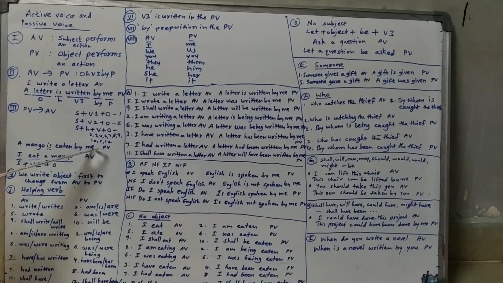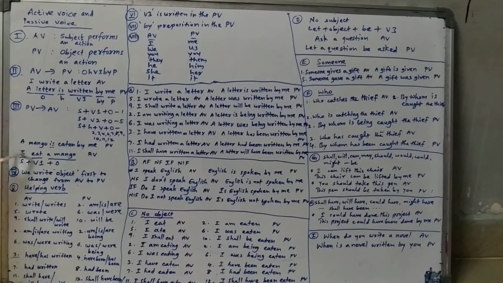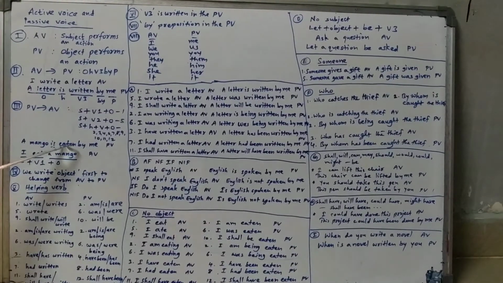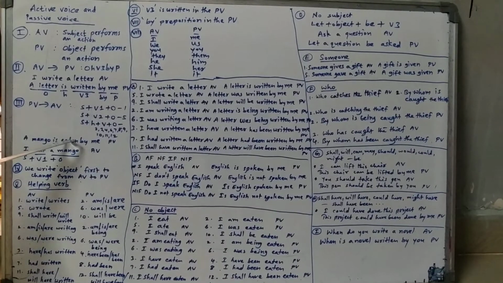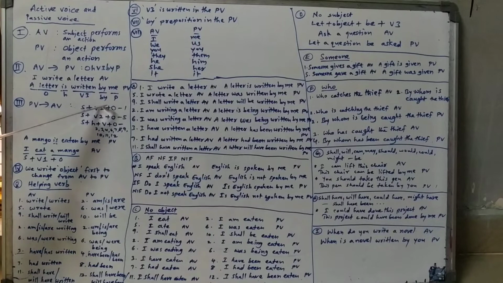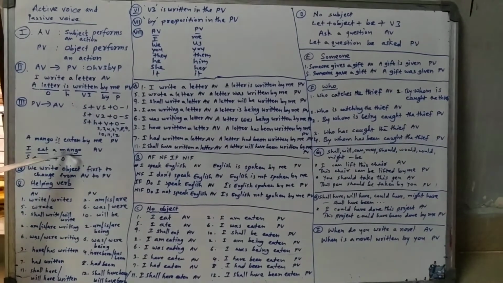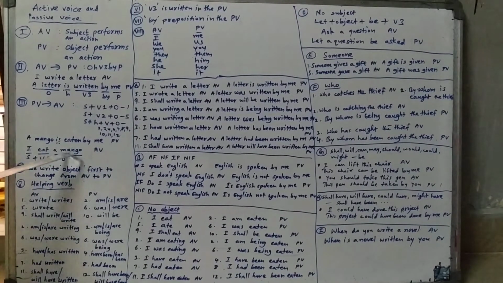Me changes into I. Then the subject is written by me. Then verb 1: here eaten is the passive voice, that's why I have written V3. This verb 3 is changed here as verb 1 because verb 1 is written in the simple present tense. I eat, then object. S plus V1 plus object. I eat a banana. I eat a mango.